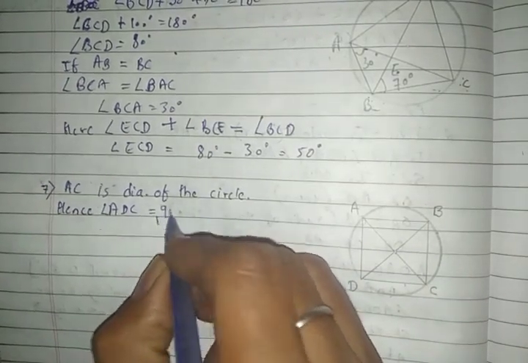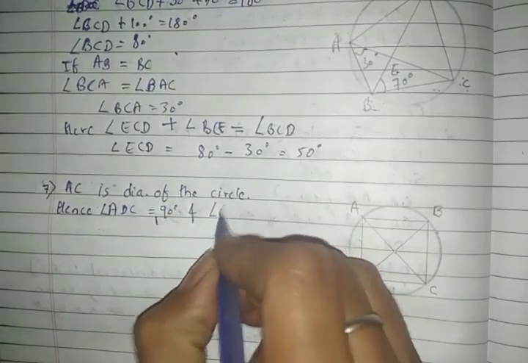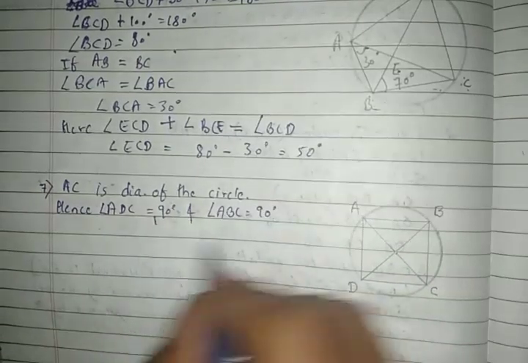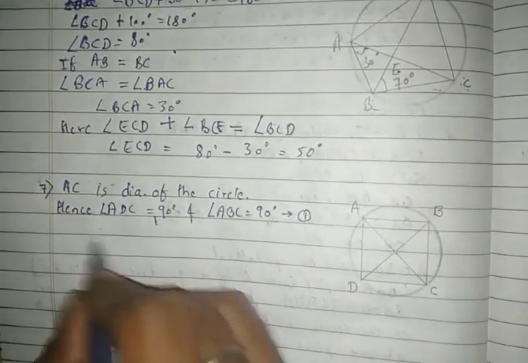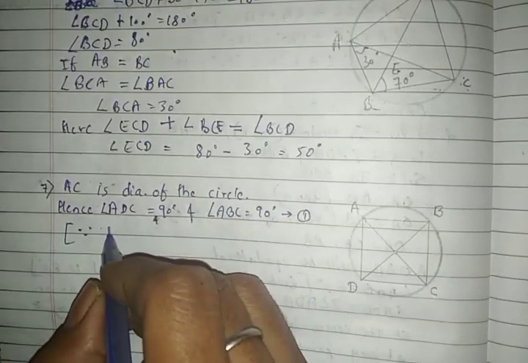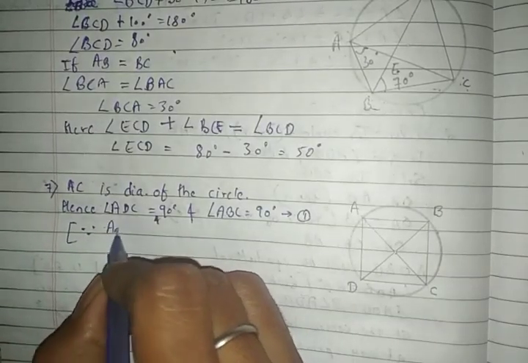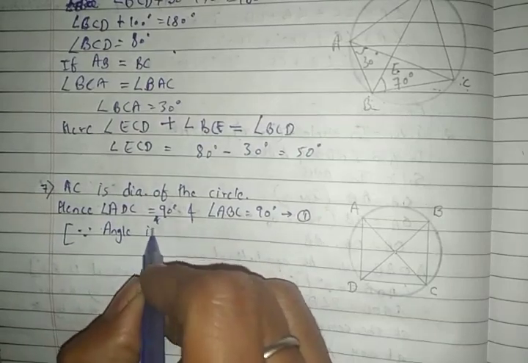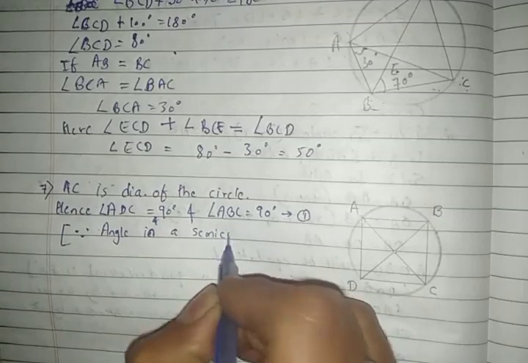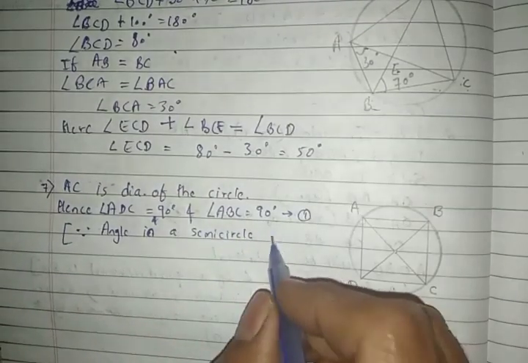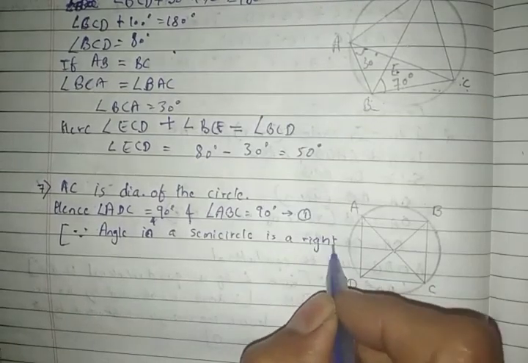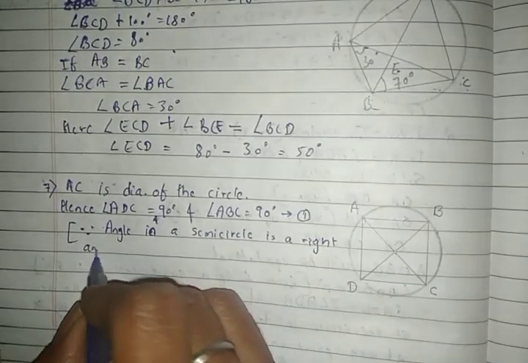Let's name this as equation 1. We will write the reason for this. Because angle in a semicircle is a right angle.